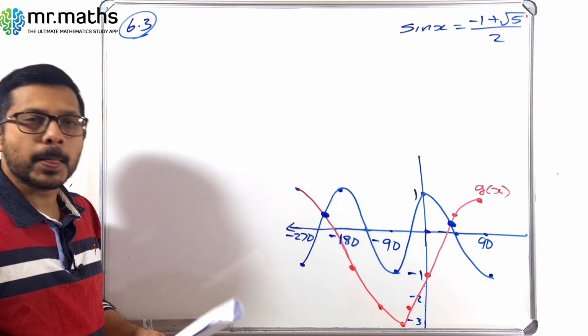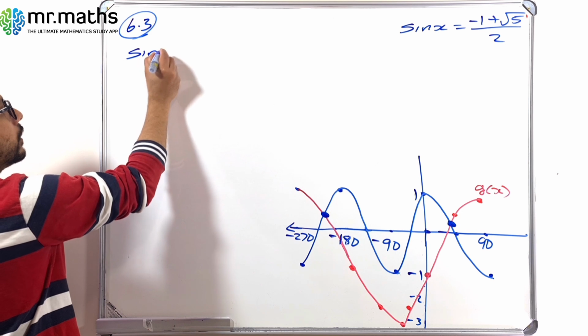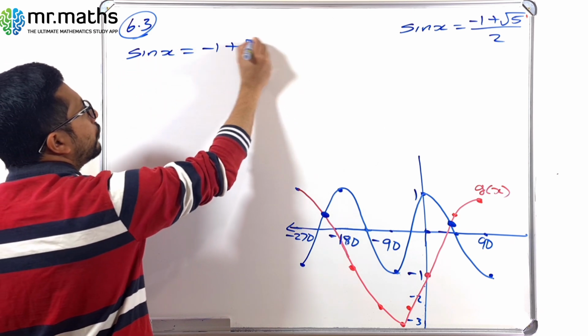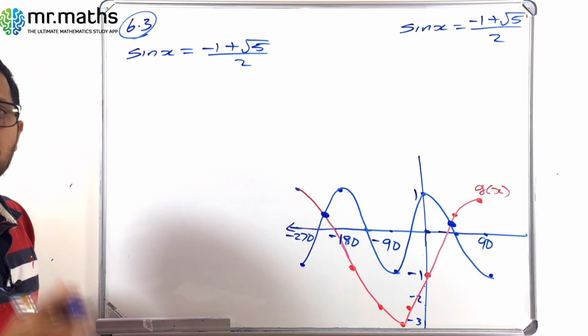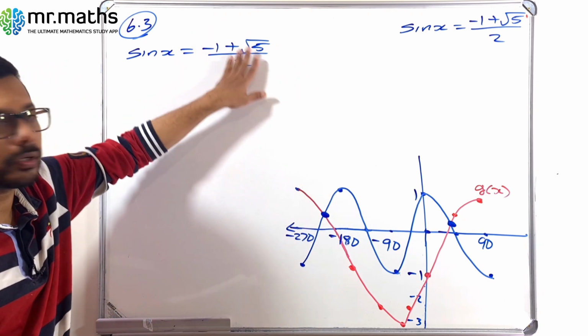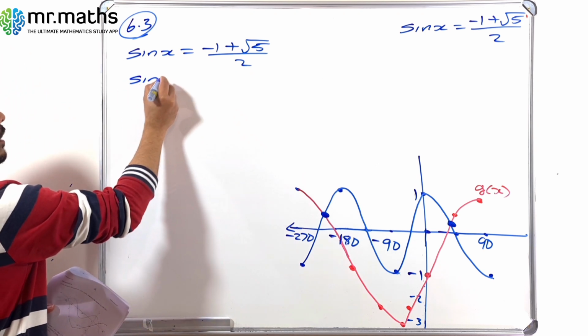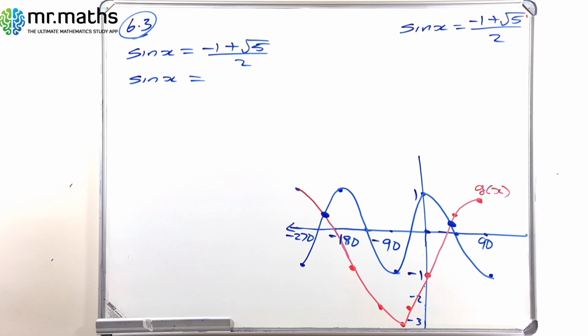So here we already know that at the point of intersection sin x is equal to minus 1 plus root 5 divided by 2. So take your calculator, try to find the answer of this one in decimal form. Sin x is equal to, what is the answer in decimal form?